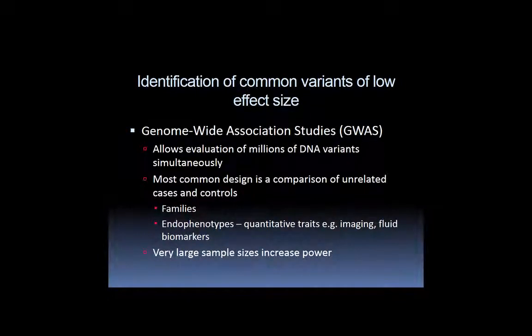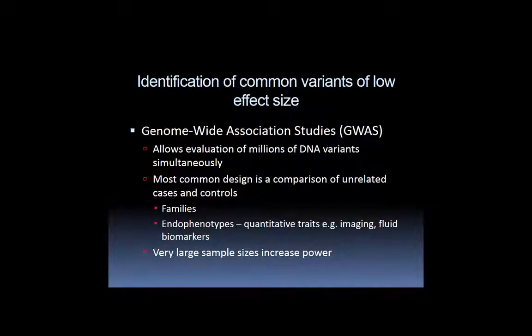And because you can do it on an array, you can do them all simultaneously, in thousands or tens of thousands of people. So that really opened up the kinds of studies you could do beyond the family studies. In these genome-wide association studies, you evaluate millions of DNA variants simultaneously. The most common design is a comparison of unrelated cases and controls, asking whether the frequency of this polymorphism is different in the cases versus the controls.